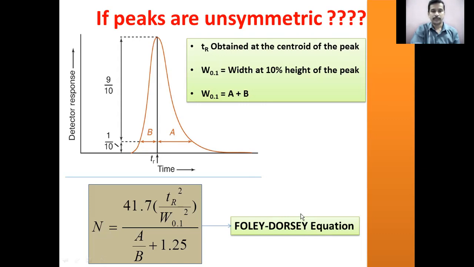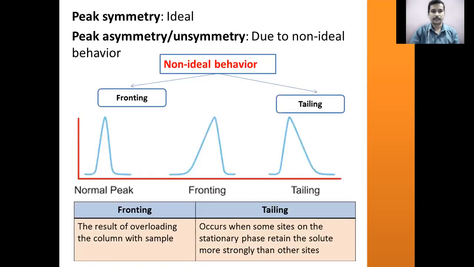For unsymmetric peaks, you have to use the Foley and Dorsey equation, that is N is equal to 41.7 into TR square divided by W0.1 square divided by A by B plus 1.25, where TR is the retention time, W0.1 is the width at 10% height of the peak, and A by B is the asymmetry factor you can calculate by means of the chromatogram. So this is about the column efficiency.